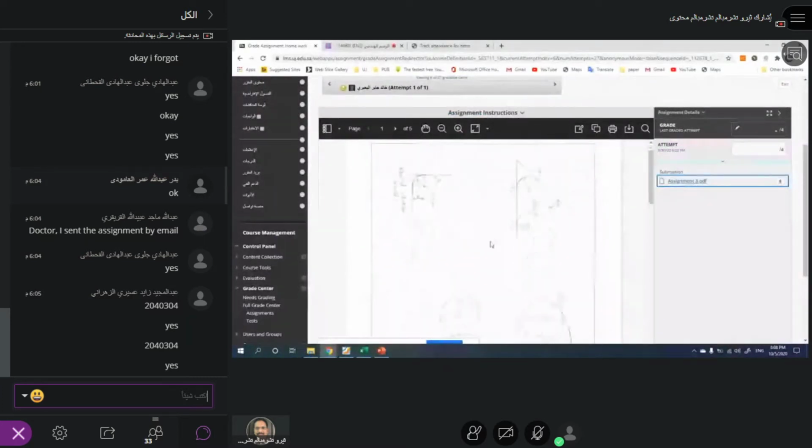Okay, he's also good. Khalid, 2040263. Khalid, you could make the thick lines and thin lines a little more distinct, but I don't find fault with you. I think you're okay.